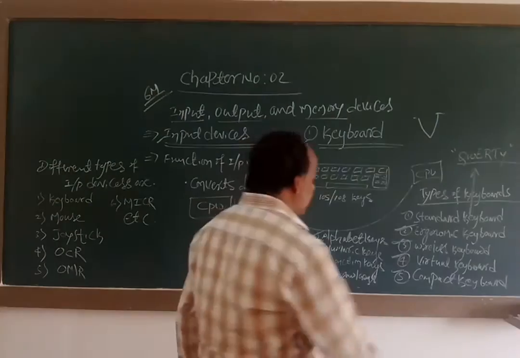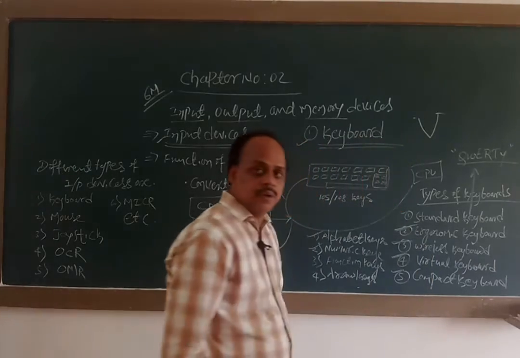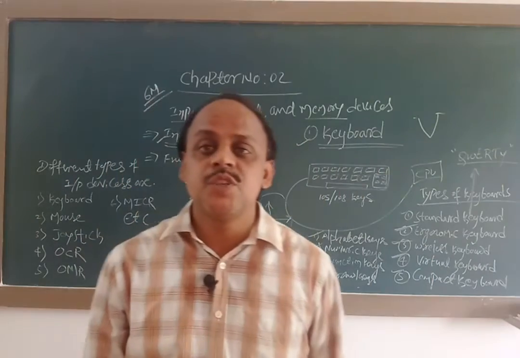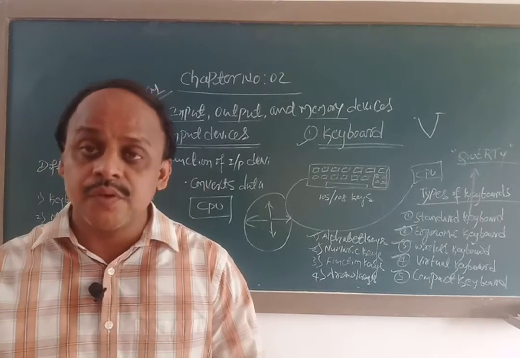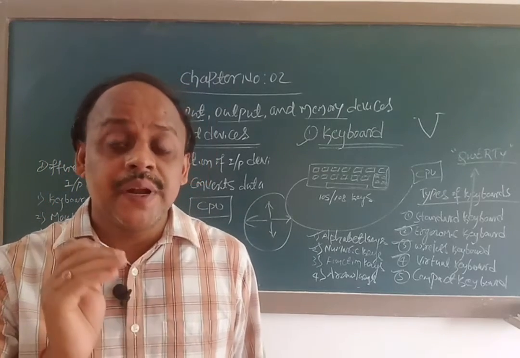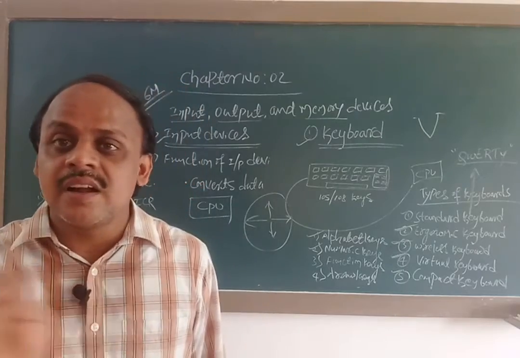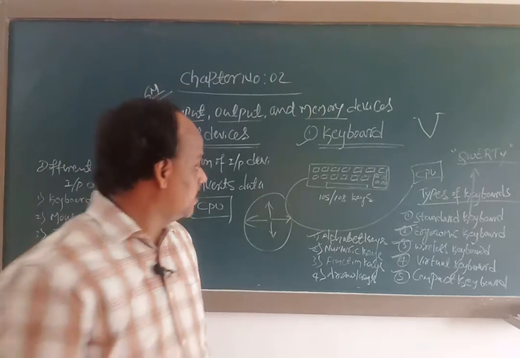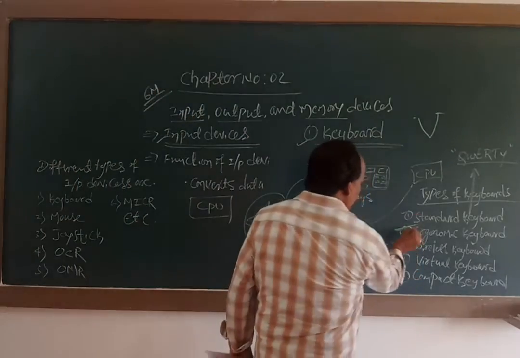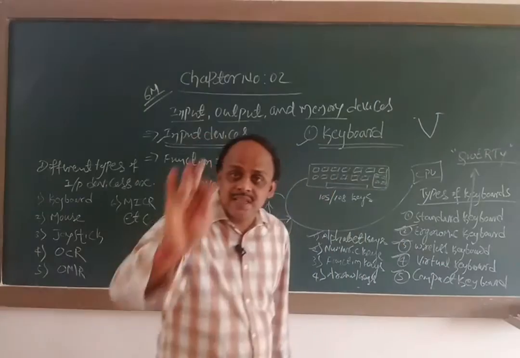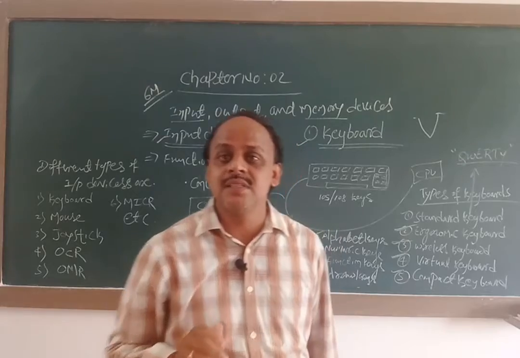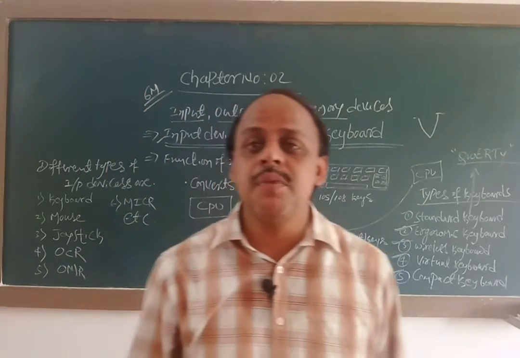Now see here, what is a virtual keyboard? It is a type of keyboard made up of software, which means it is not hardware. See here, the standard keyboard, ergonomic keyboard, wireless keyboard and compact keyboard are hardware.